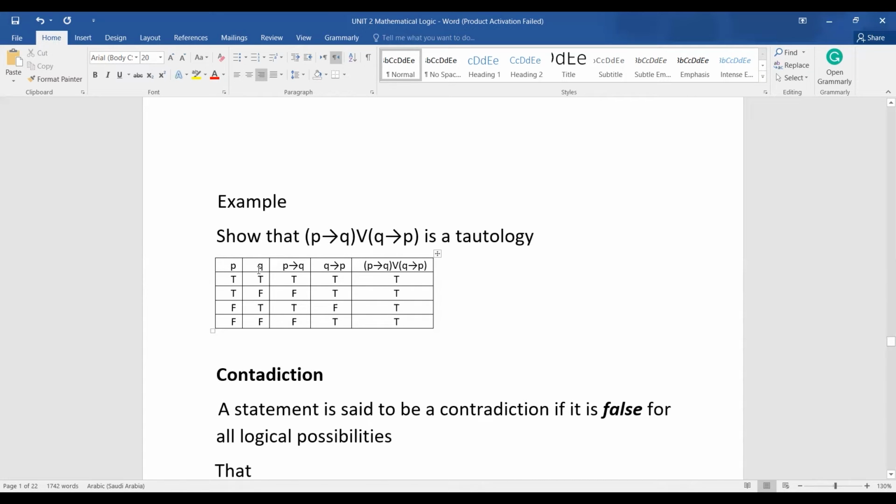First, we'll start with P and Q. We write the possible values: true true, true false, false true, false false. Now we'll start P if then Q. If P is true and Q is true, it will give us a true statement. If P is true and Q is false, it will give us a false statement.